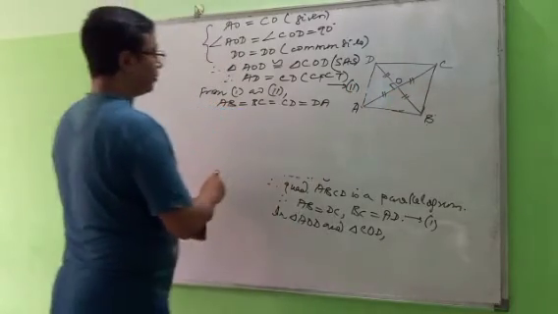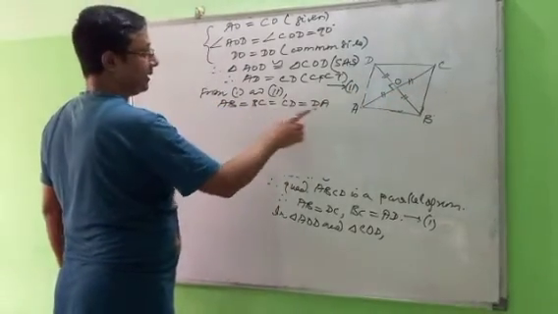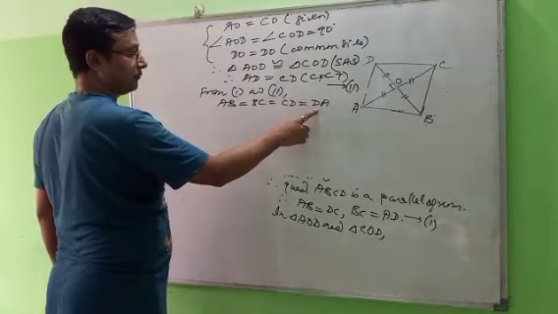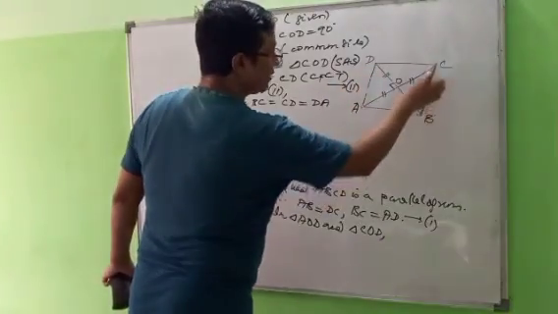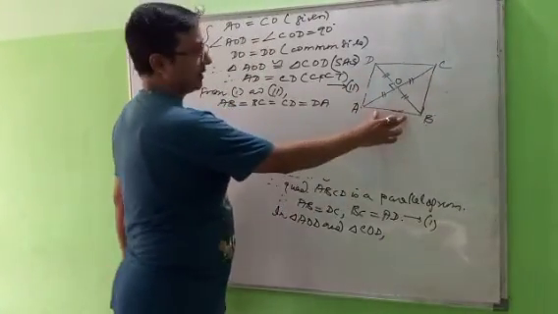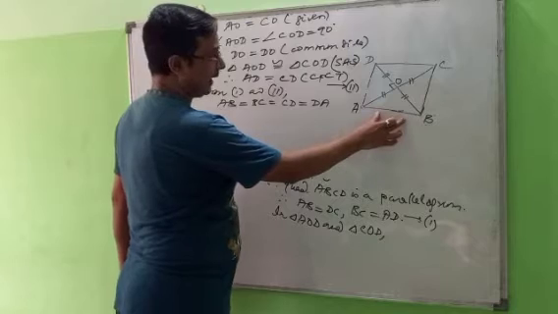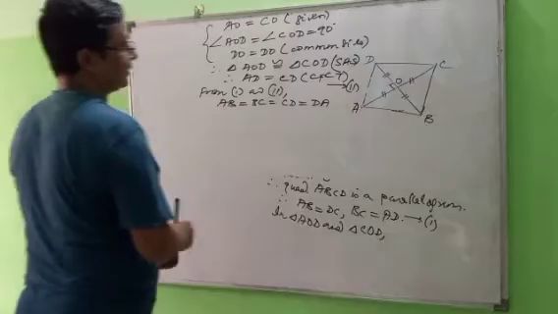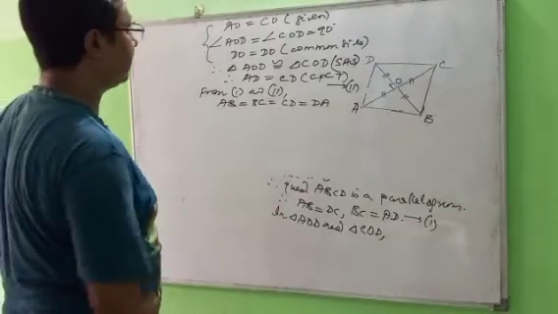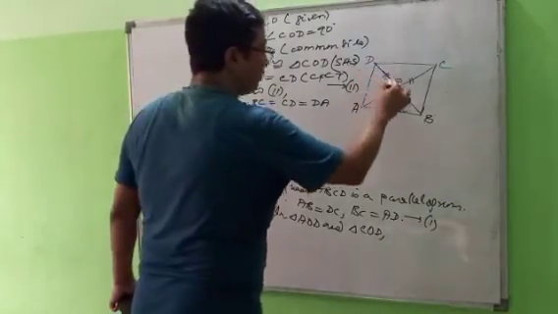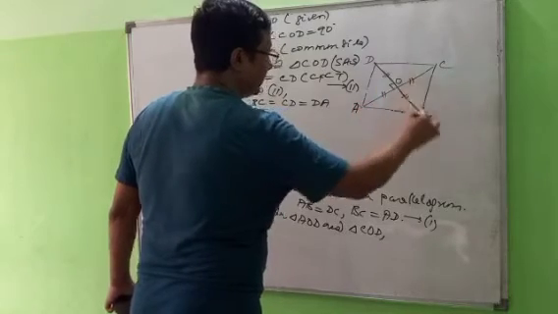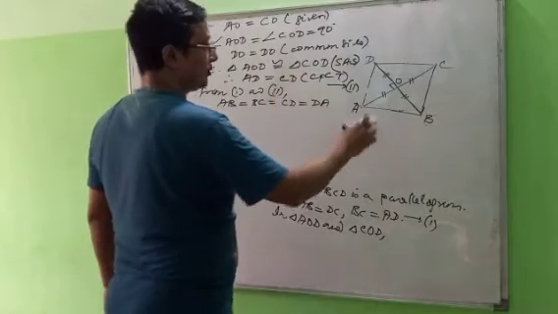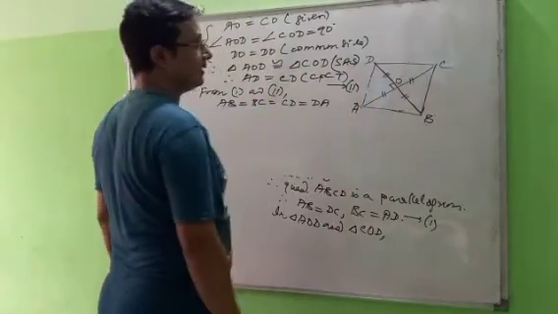This one you have got from this equation. Then in the two triangles you have AB the common side. And then you have one more thing: the diagonals are given as equal. So AC equals BD, that is given in the question.